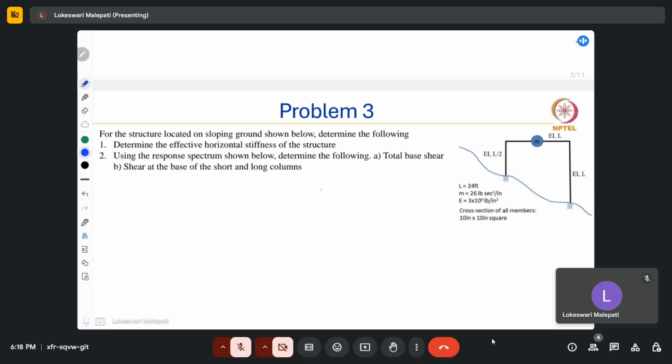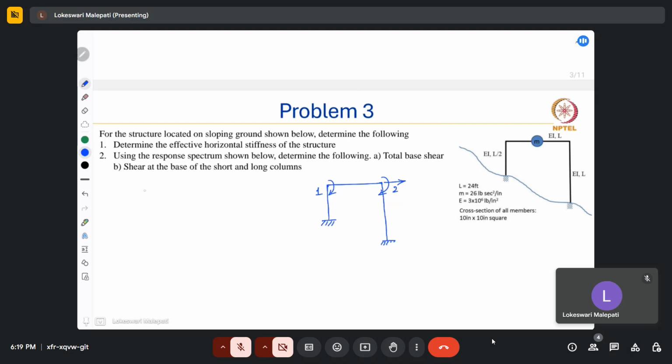So now for this frame, we have 3 degrees of freedom, 2 rotations here and here, and also 1 displacement. Because the beam is also axially rigid, there's only 1 lateral displacement.